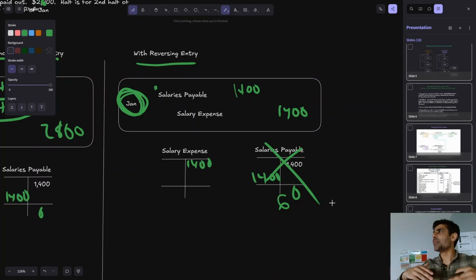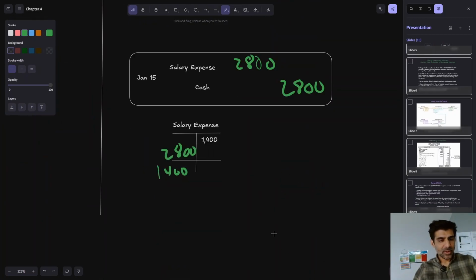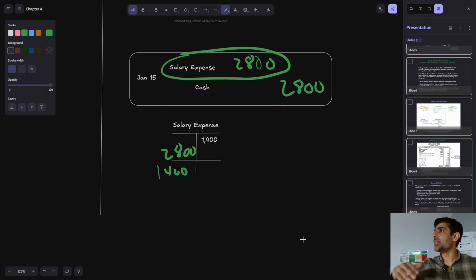We just treated this entire payday as being in this period. And it worked out because we did that reversing entry here. Again, it only works for accruals. This would not work for prepaid or depreciation. We're just doing this for when the cash is transacted after the adjusting entry.